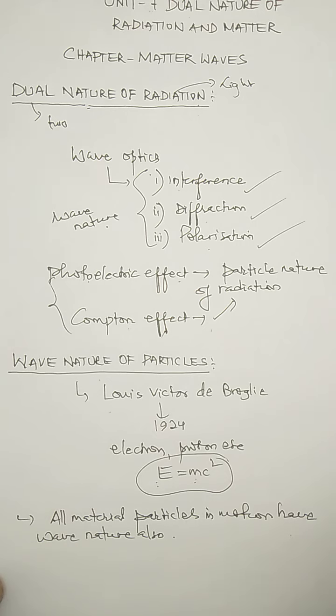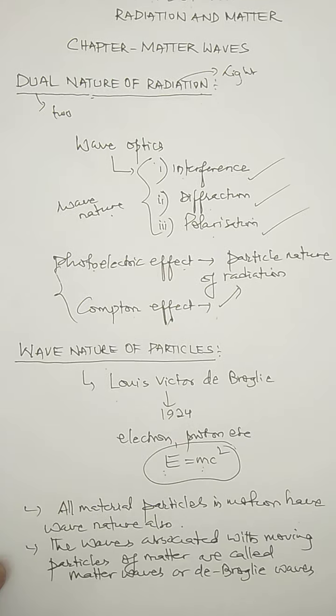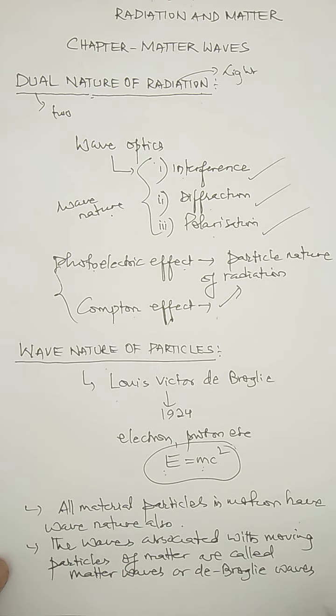So the concept of matter wave was introduced by de Broglie by making a hypothesis, and this is also called the de Broglie hypothesis. According to the hypothesis, the particles of matter in motion also show wave-like character, and the wave associated with the moving particle of matter is called matter wave, or de Broglie waves.